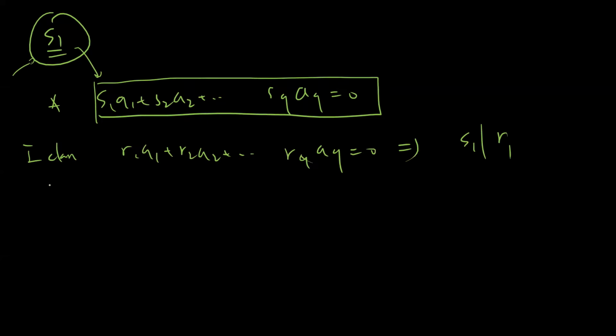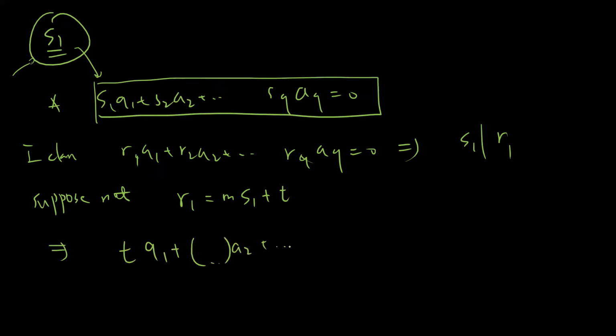Okay, and the proof is simple. Suppose not. Then I can divide R1 by S1, so I get R1 = M1 S1 + T. If I multiply by M1 and subtract, then I get T A1 + ... + RQ AQ = 0.